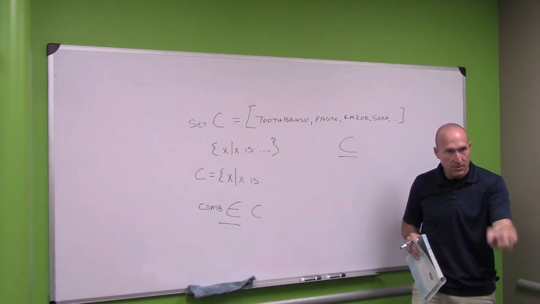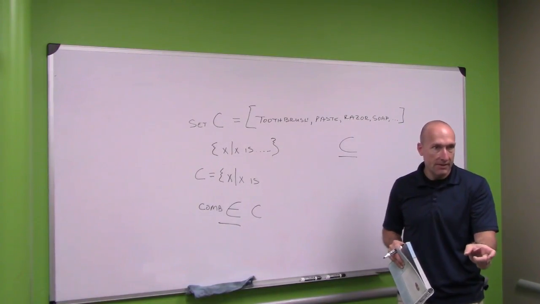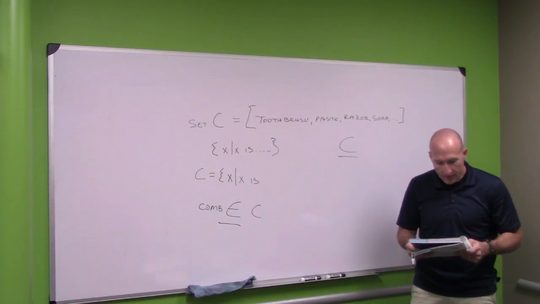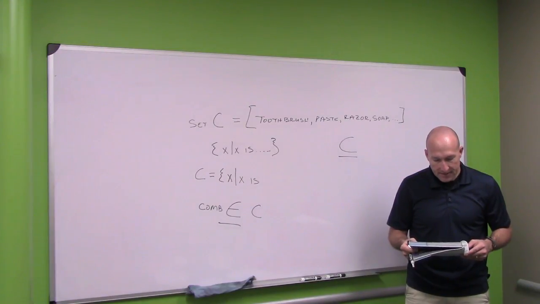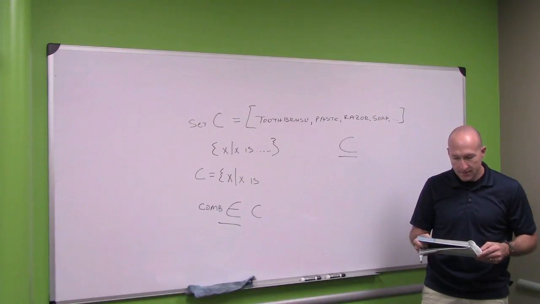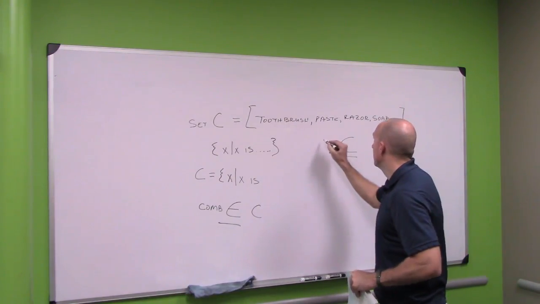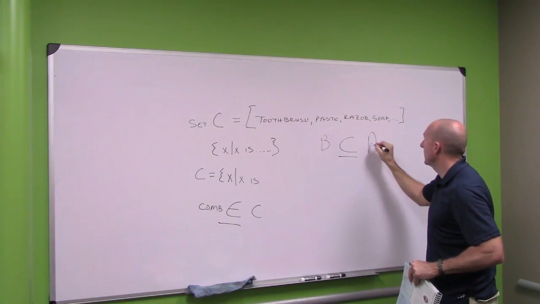It is this specific particular tube of toothpaste that's in this basket. Okay, makes sense? All right, so if set A contains set B, then set B is a subset of set A. And so we write B is a subset of A.